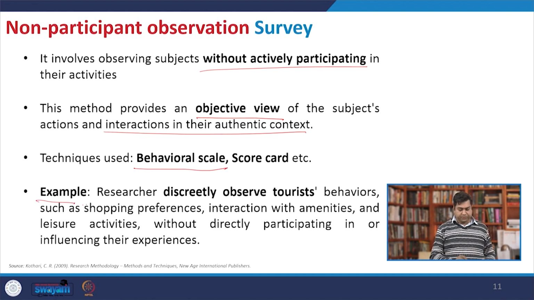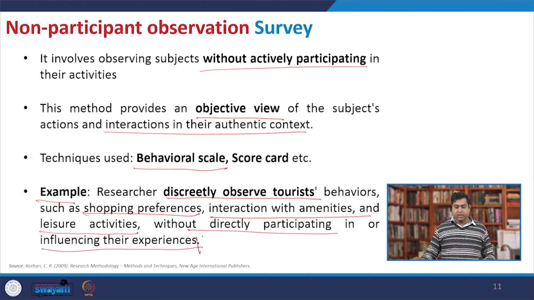For example, a researcher discreetly observes tourist behavior such as shopping preference, interaction with amenities and leisure activities without directly participating in or influencing their experience. So, here you just follow that, okay, this is a tourist, and after visiting this place the tourist is going to a shop and normally eating this kind of item.